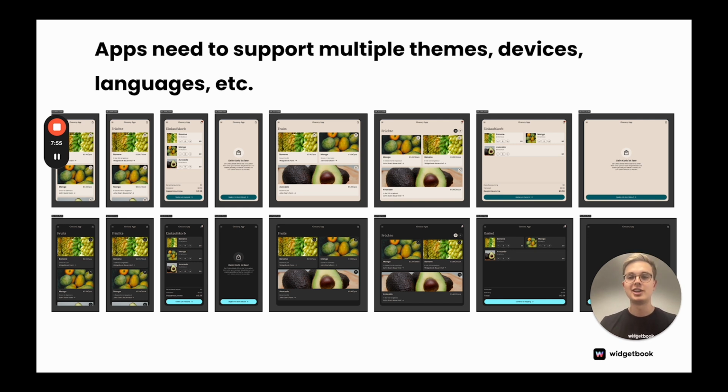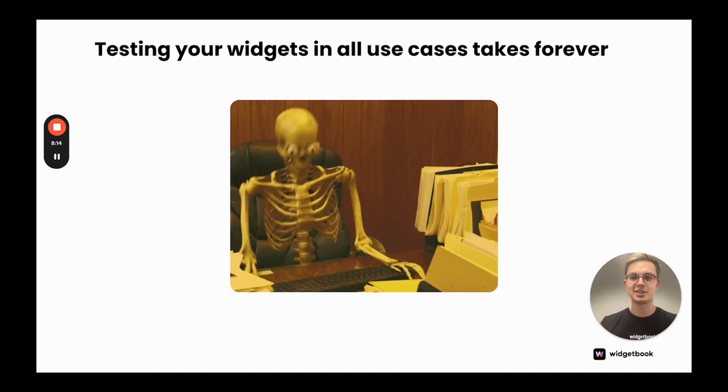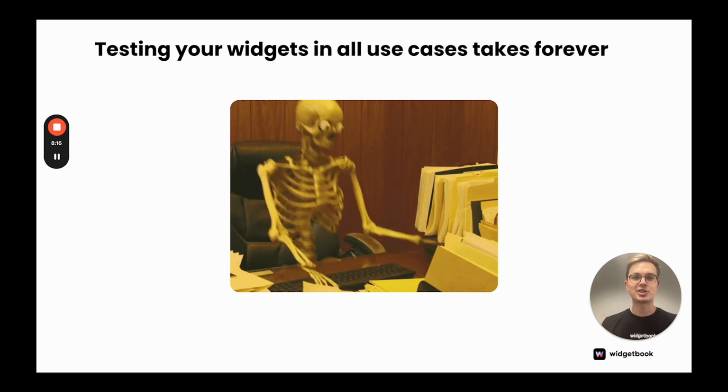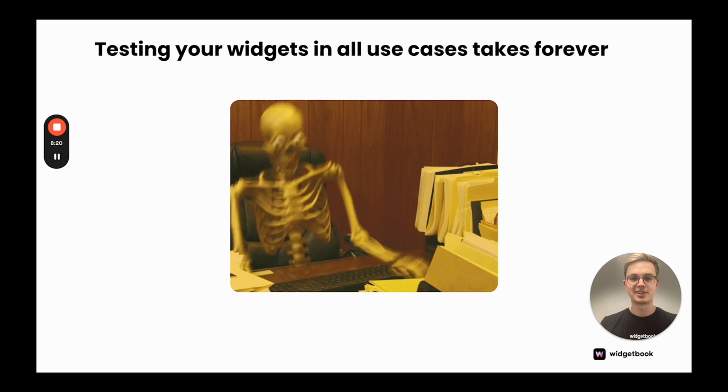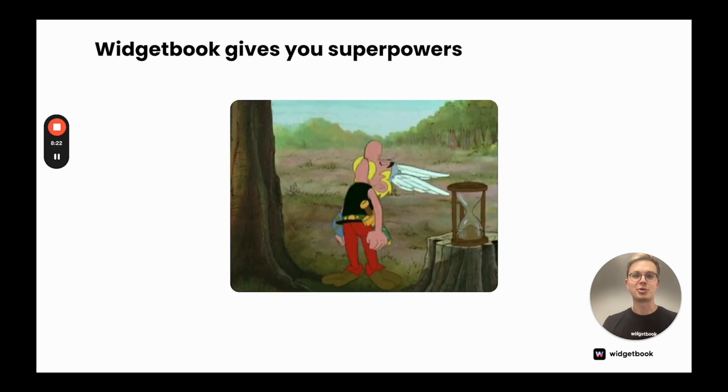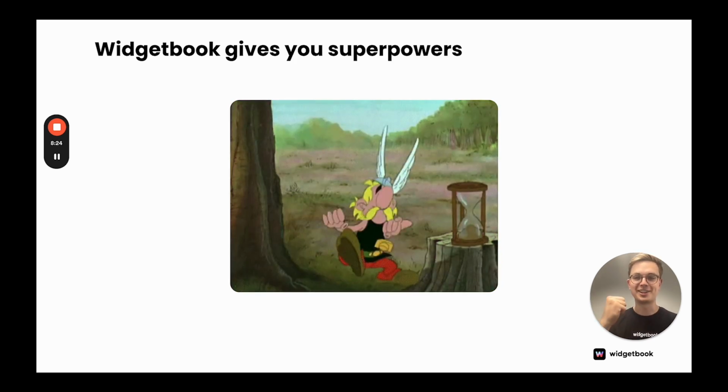In code, it oftentimes required us developers to fire up multiple emulators, restart them again and again, navigate to exactly the component, mock the state, and then test it again and again. And it's quite a hassle. So testing our widgets in all use cases really takes forever. Not with Widgetbook though, because Widgetbook gives you superpowers.